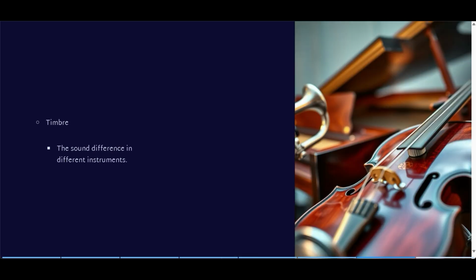So you can have C, D, E, F, G, A, B, and again C, D, E, F, G, A, B, like that. This is a note actually. Then timbre. As I told you before, the sound difference in different instruments. That's the timbre.